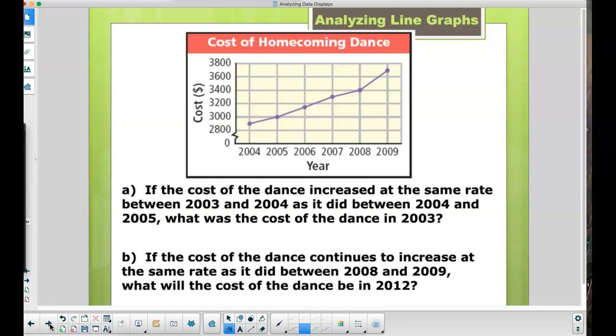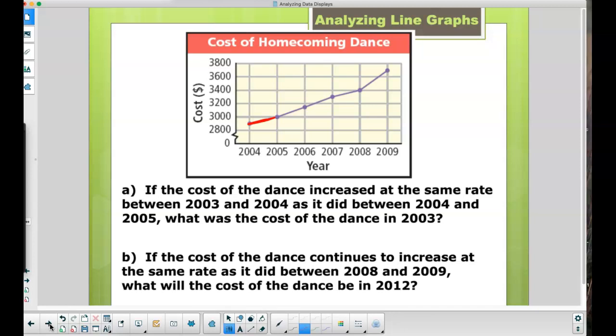Is that confusing? A little bit. So tell me, by looking at this graph, how much did the cost of the dance go up between 2004 and 2005? It went up how much?